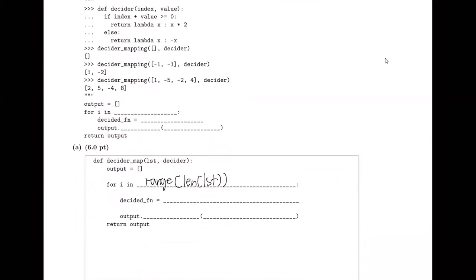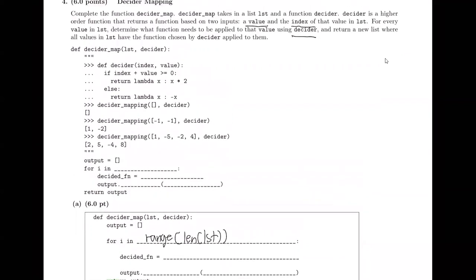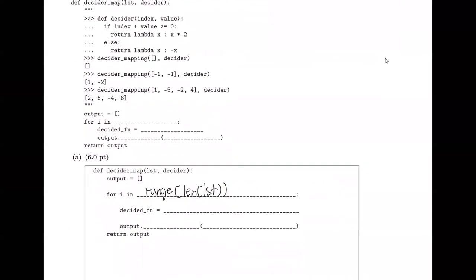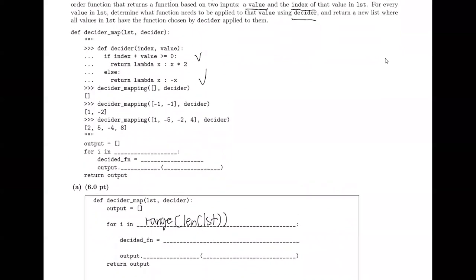Cool, looks good so far. Looking at the next line, we have decided function is equal to blank. Based off the name, it sounds like I'm going to need to set decided function to some sort of function. If we look once again back at the instructions, it says that for every value in LST, we're going to determine what function needs to be applied to that value by using decider. So remember, decider will return a function that we need to use, but it takes in an index and value.